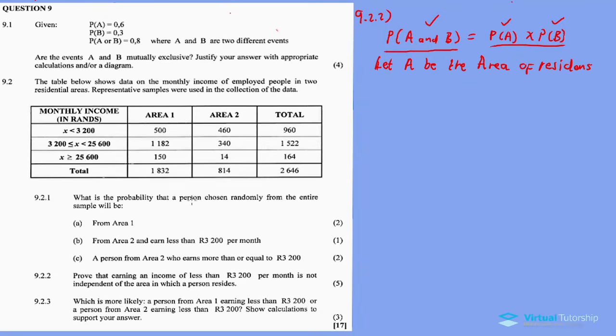Let A be the area of residence, and then let B be the income. Let B be the income of the residents in that area.